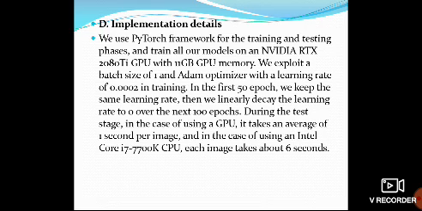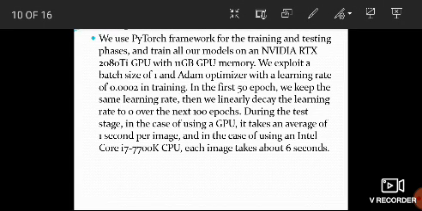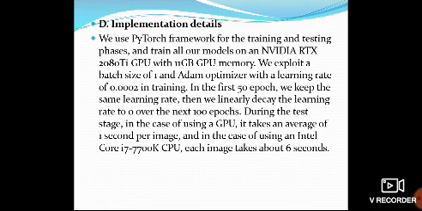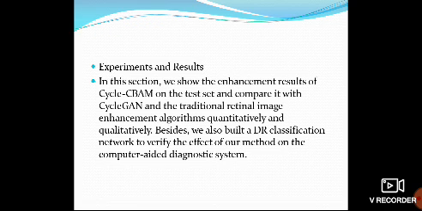In the first 50 epochs, we keep the same learning rate. Then we linearly decay the learning rate to 0 over the next 100 epochs. During the test stage, using a GPU takes an average of 1 second per image, and using an Intel Core CPU, each image takes about 6 seconds.